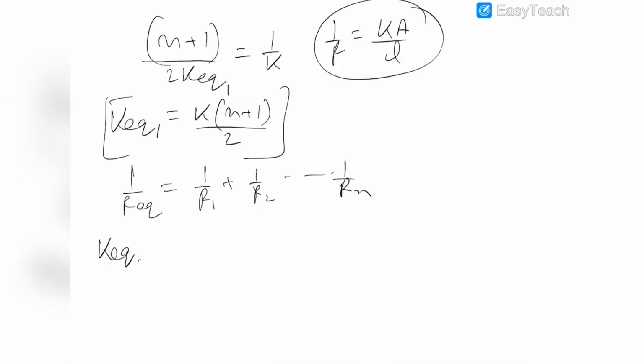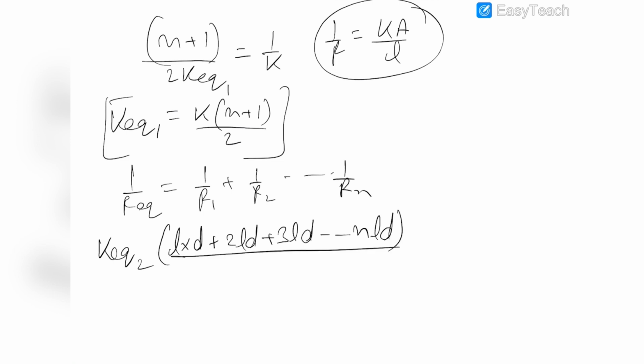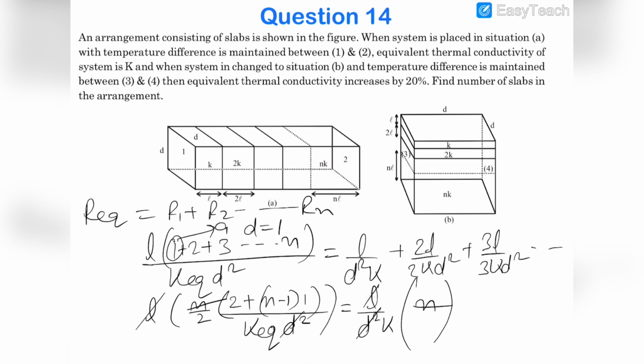this is K equivalent 2, and sum of the area is L into D plus 2LD plus 3LD and so on, NLD, divided by the length of this combination, which is measured in the direction of heat flow.